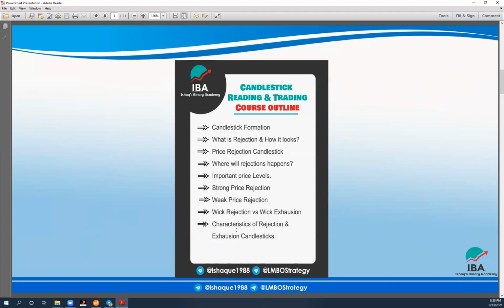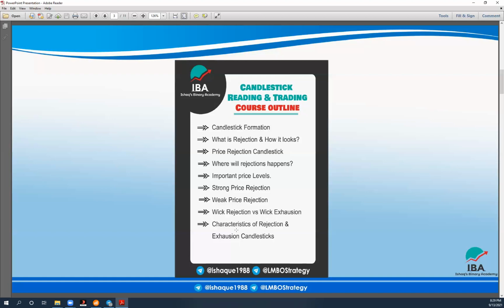Yes, ask brother. Sir, you said that in the doji candle, if at the support level a doji occurs, it will continue. But if a dragonfly type doji candle occurs, then what happens?